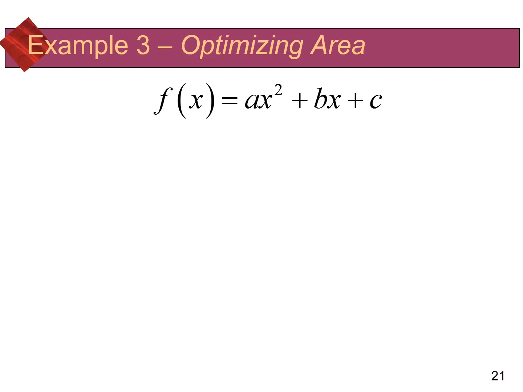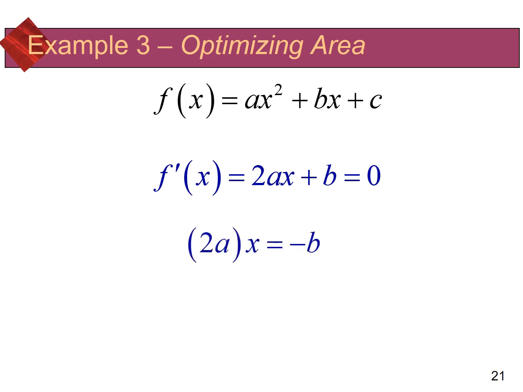So if I take the derivative of f of x in this very general case, f prime of x would be 2ax plus b, which of course I would set equal to 0 when I'm looking for the critical point, in this case the vertex. So for me to do that, set that equal to 0 and solve for x, I would subtract b from both sides and then divide both sides by 2a.